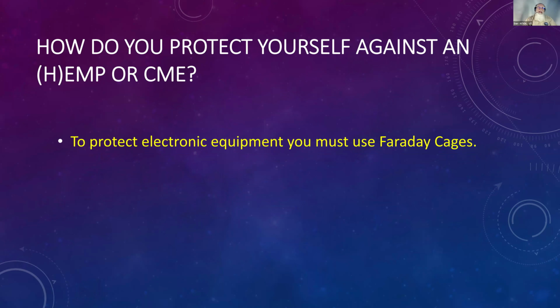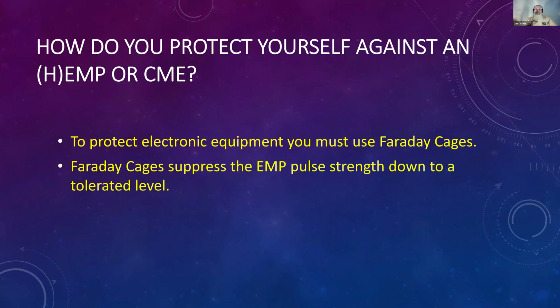You have to use Faraday cages to protect electronic equipment from any type of electromagnetic signal. The whole idea of a Faraday cage is to attenuate or suppress the EMP pulse down to a level that the device can tolerate.